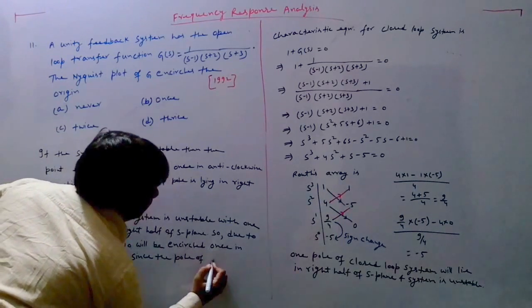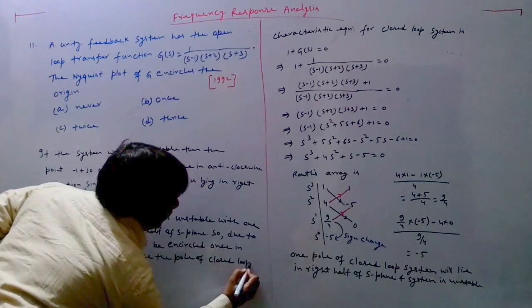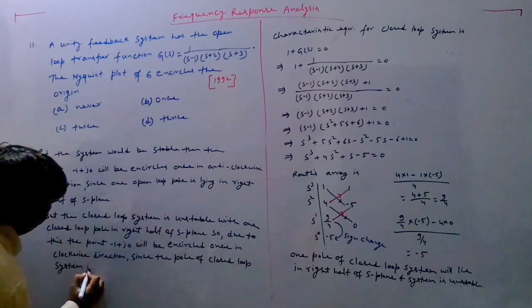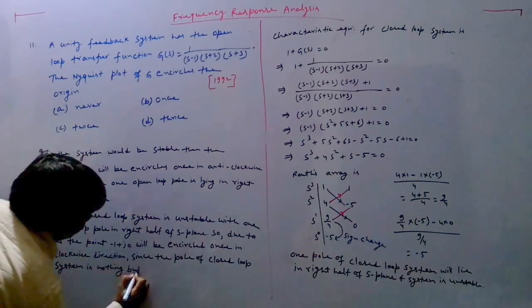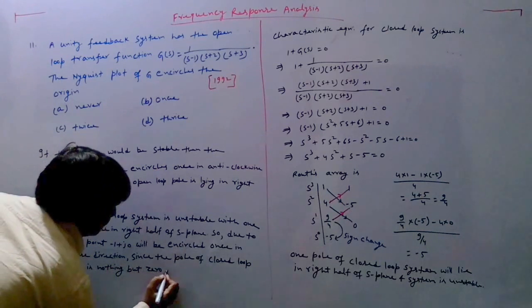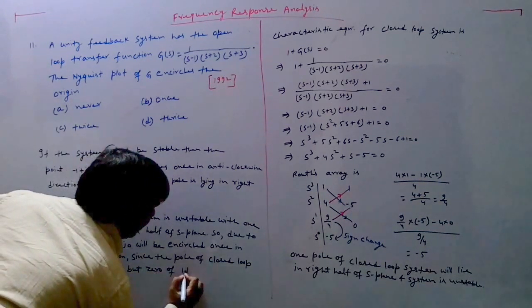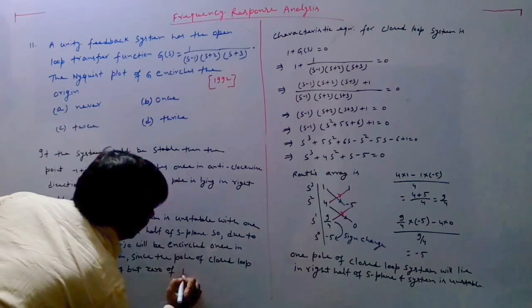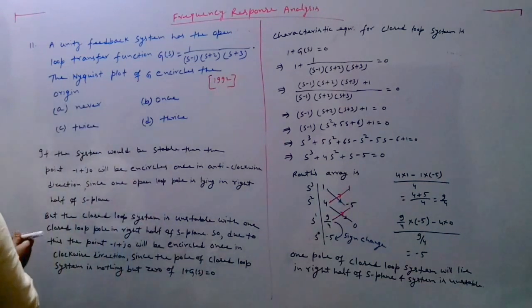Pole of closed loop system is nothing but zero of 1 plus G(s) equal to 0.